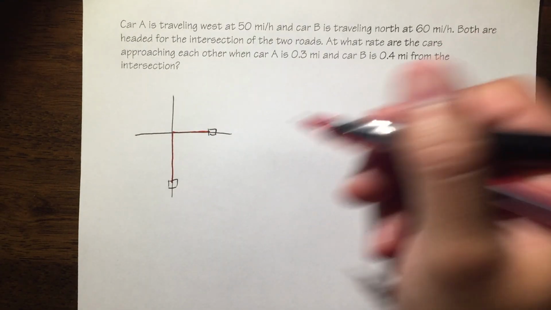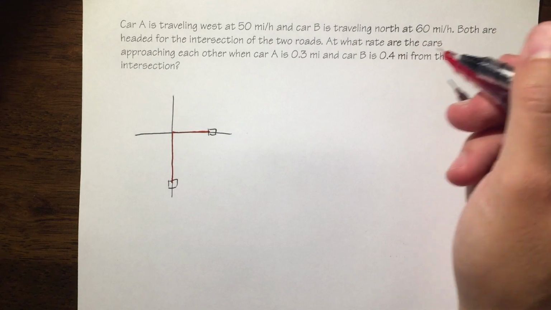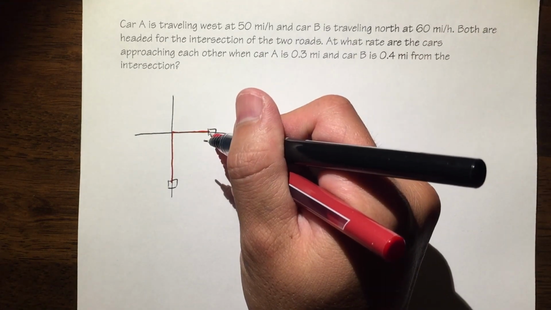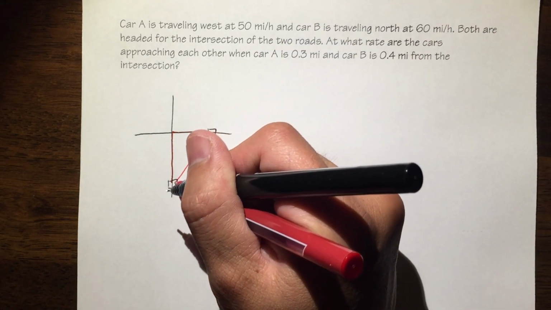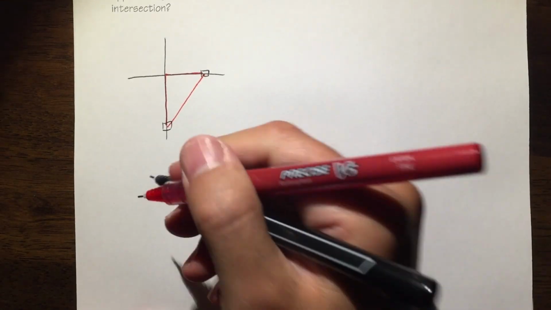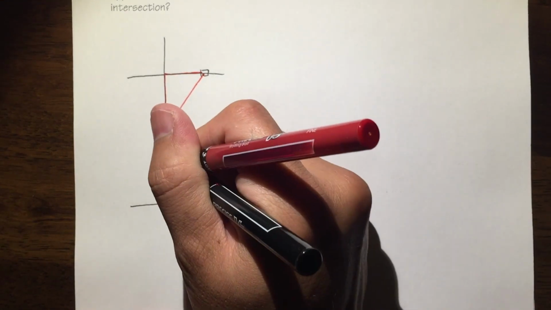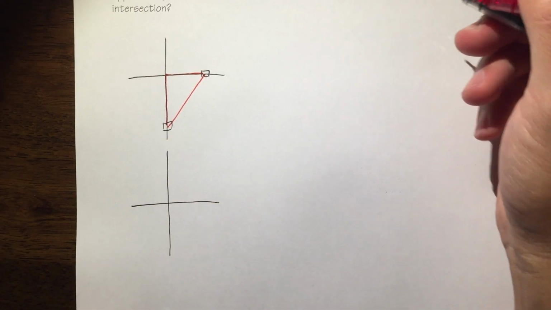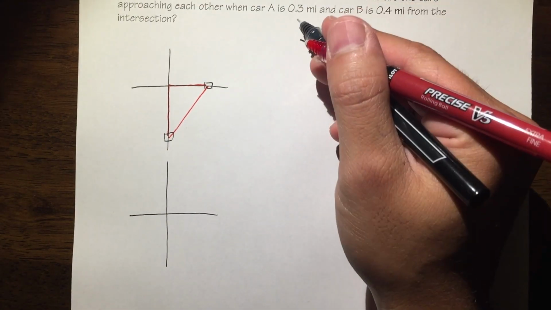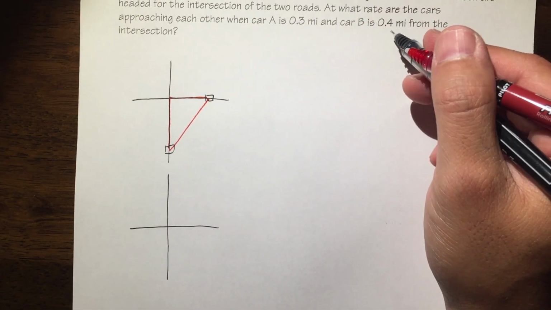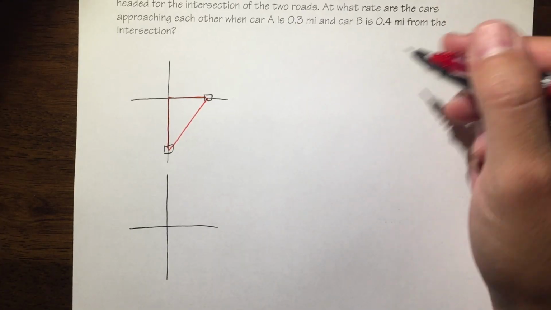We would like to know how fast the cars are approaching each other, meaning the distance between them right here. And as you can see in the next picture, we care about the instant when A is 0.3 and B is 0.4 miles away from the intersection.